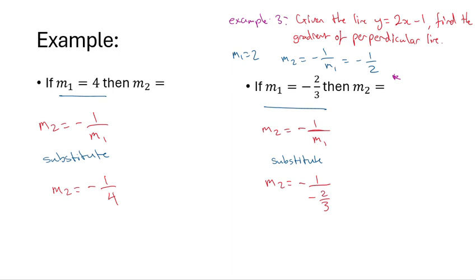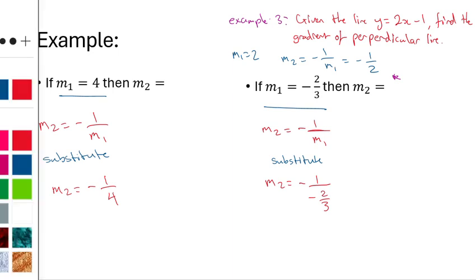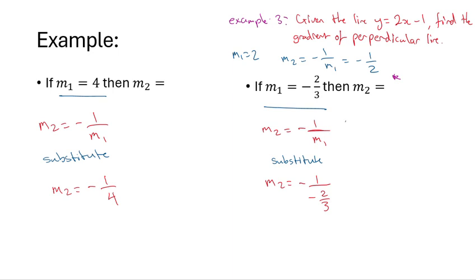You might be tripped out right now, but it's nothing too serious. Just remember this line here is a dividing sign. That means this will also be a dividing sign right there. What that turns into is negative 1 divided by negative 2 over 3. And if you remember, when you divide fractions, we did something called KCF. So keep, change, flip. And that's all we're going to do.